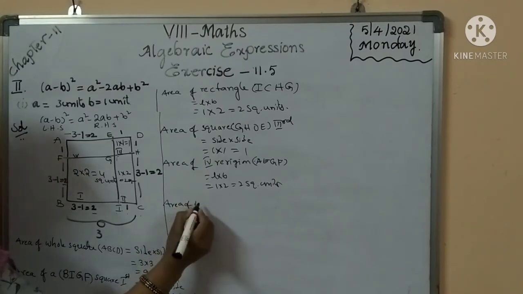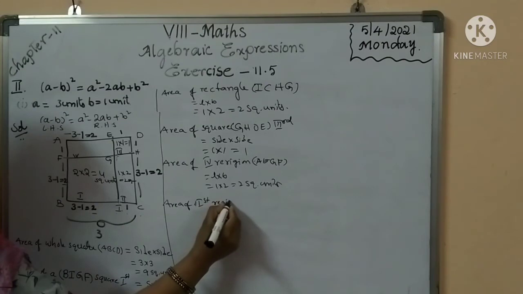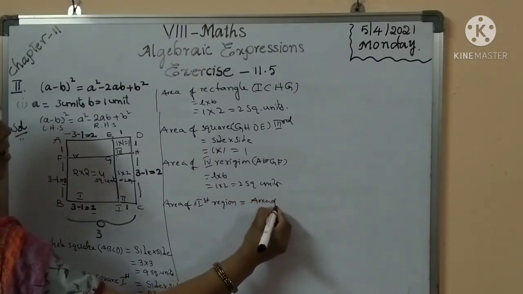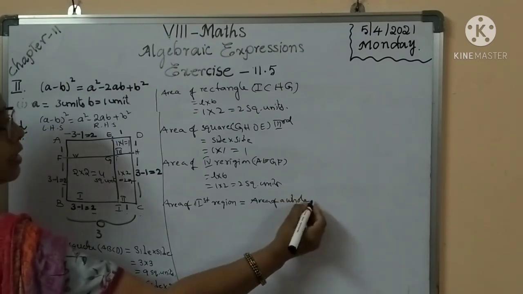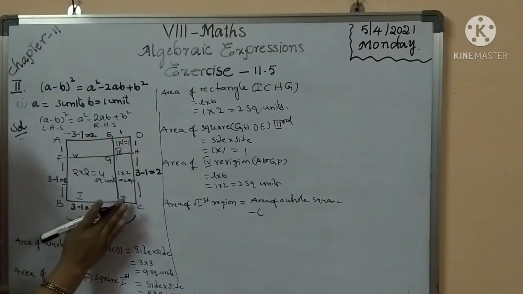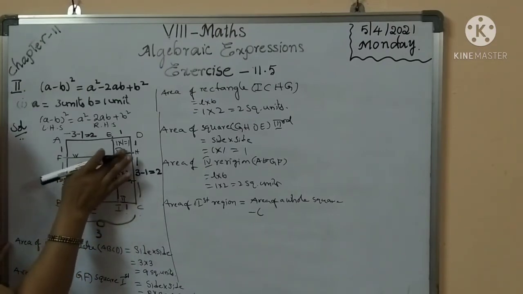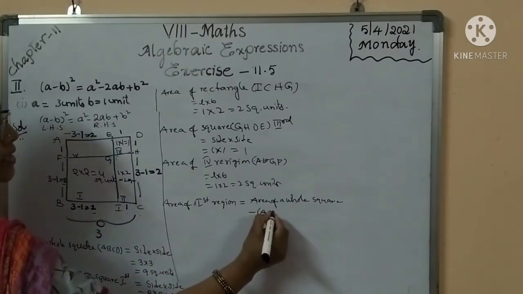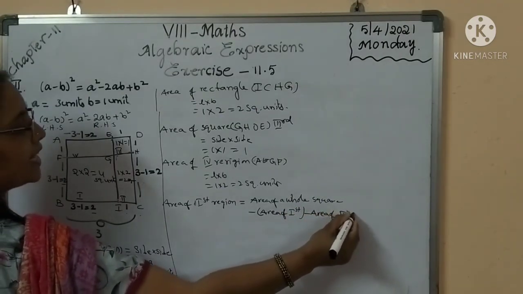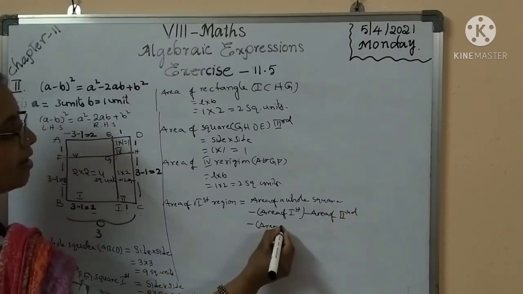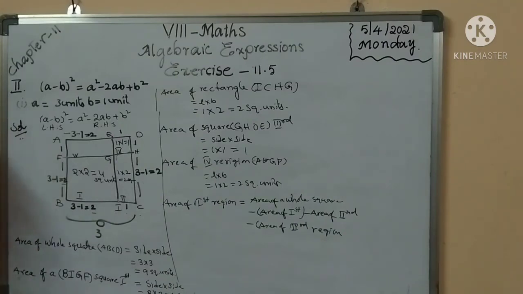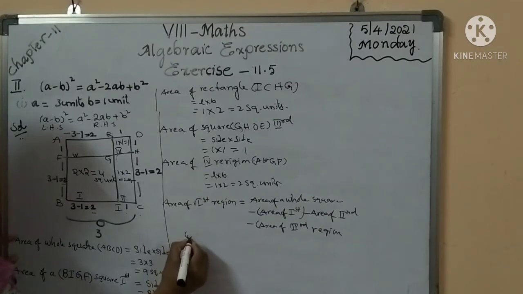Now, area of the first region is equal to area of the whole square minus area of the second region, minus area of the third region, minus area of the fourth region. So how much is the area of the first region? 2 2s are 4 square units.